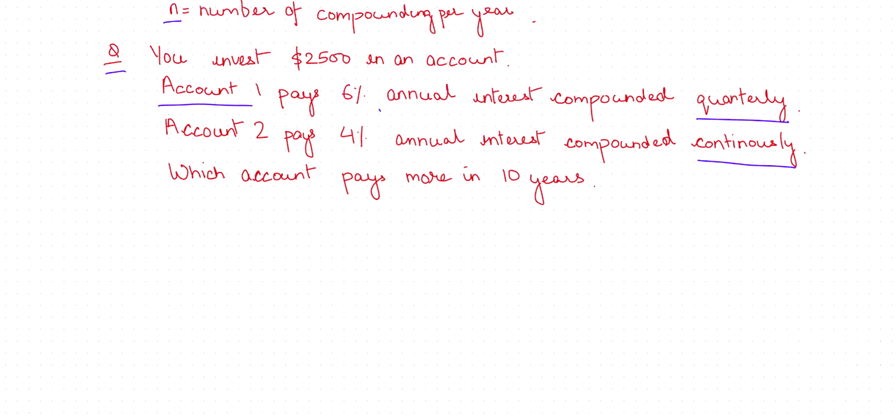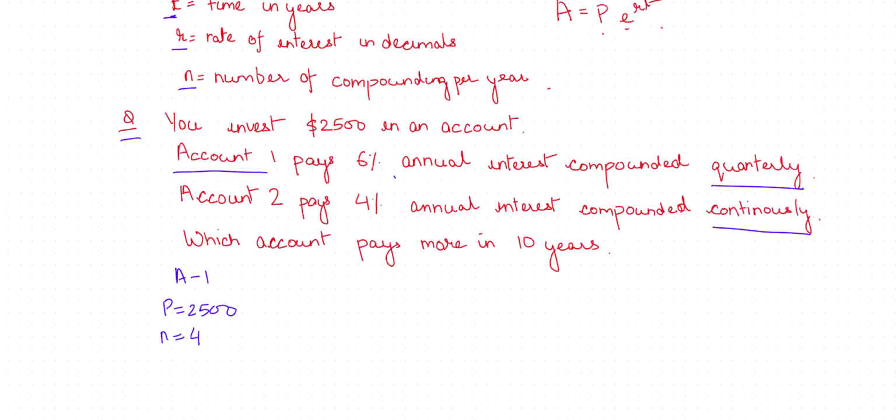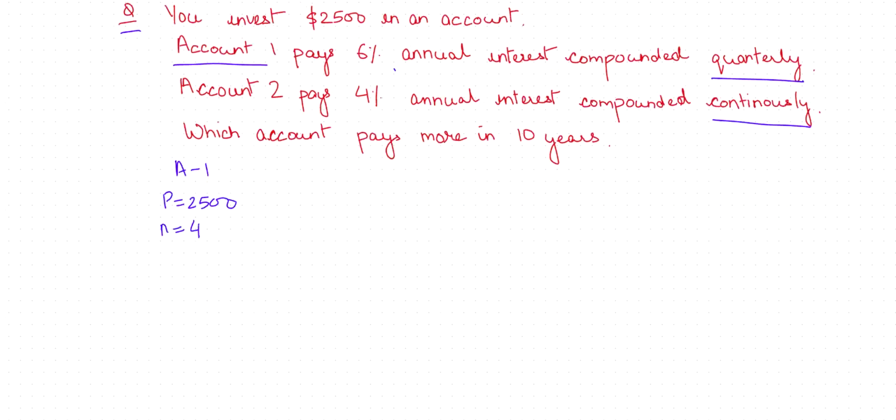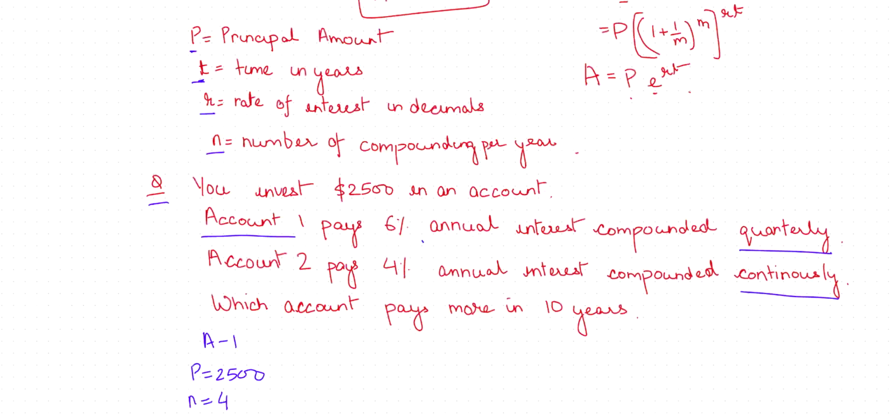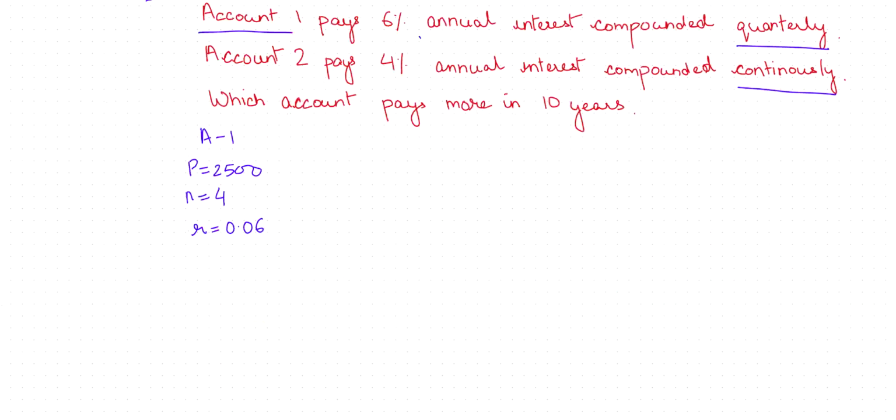So for account 1, P is 2500, the principal amount. n is 4. Compounded quarterly means number of compoundings per year is 4. And r we have to write in decimals, 0.06. Okay, 6% is 0.06. And time is 10.